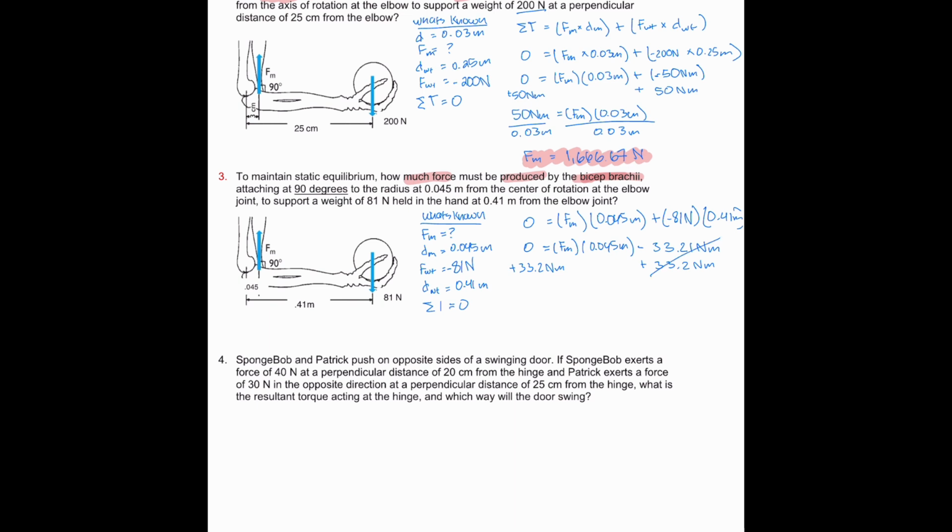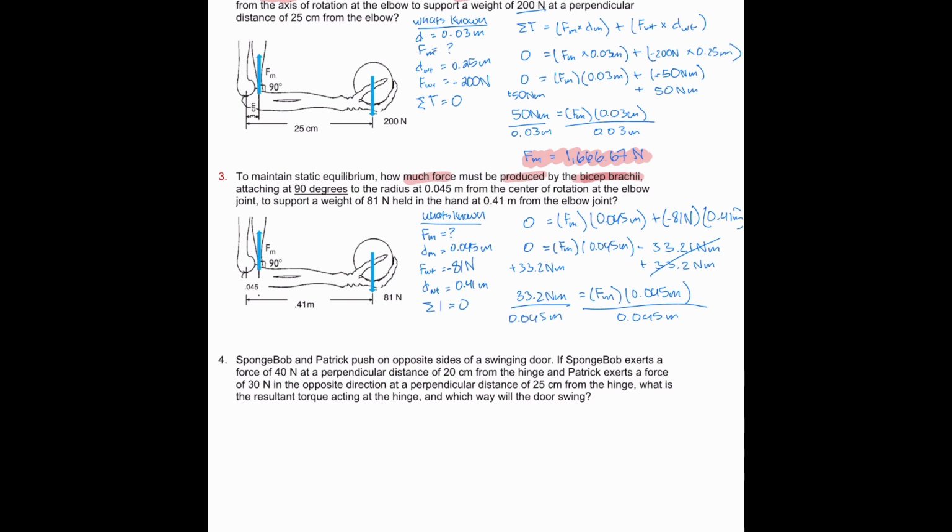This cancels out, and this gives us 33.2 newton meters equals the force of the muscle times 0.045 meters, which is a distance. Remember, we're trying to get the force produced at the biceps brachii, so we just divide by 0.045 meters, which is the distance from the elbow to the other side.